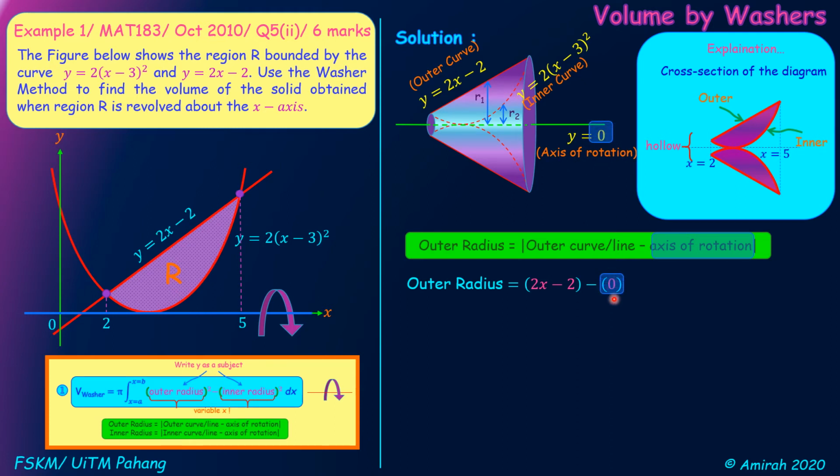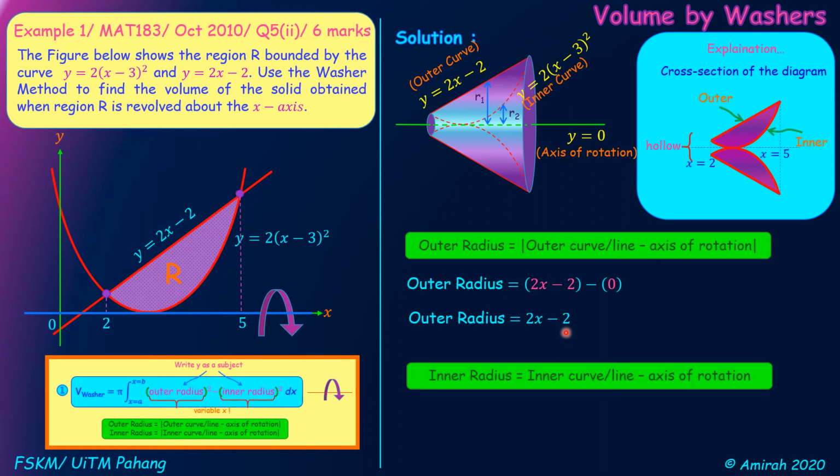From here we can see y is the subject, that's why we can subtract. Then we simplify, so we get outer radius equals 2x minus 2. After we find the outer radius, we need to find the inner radius.